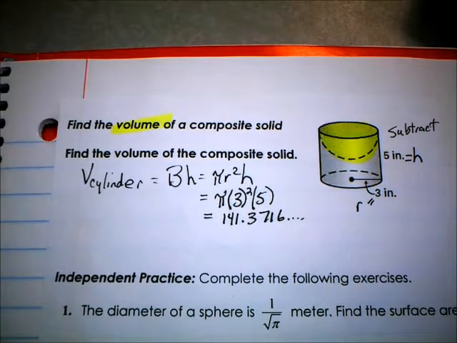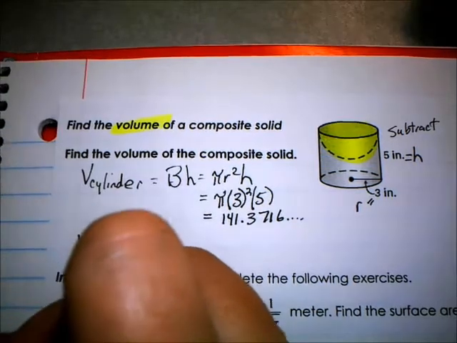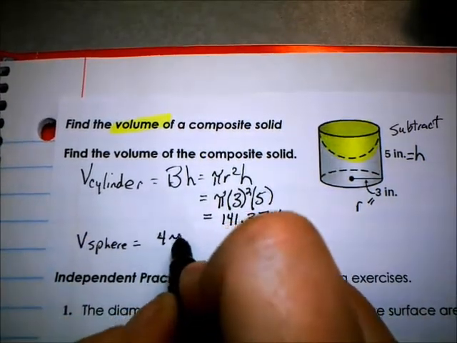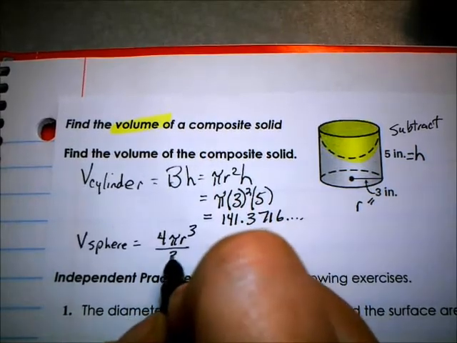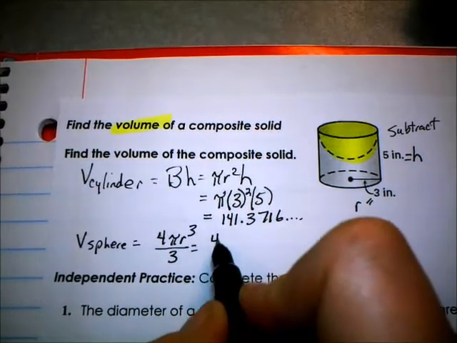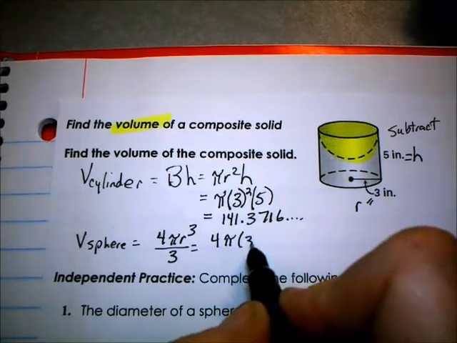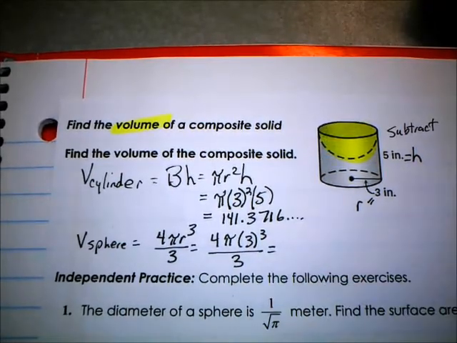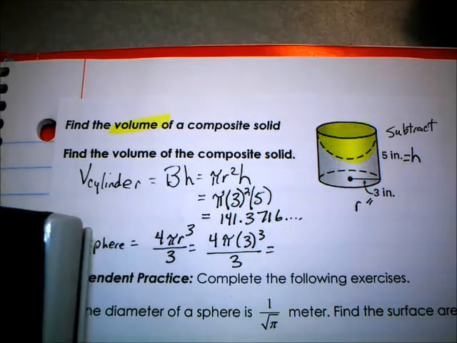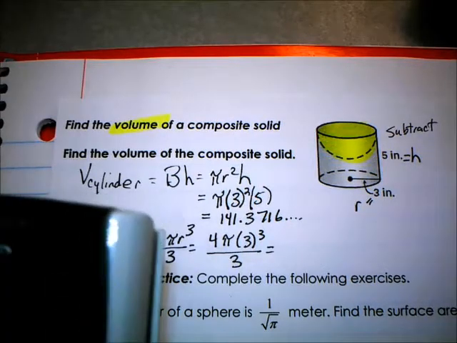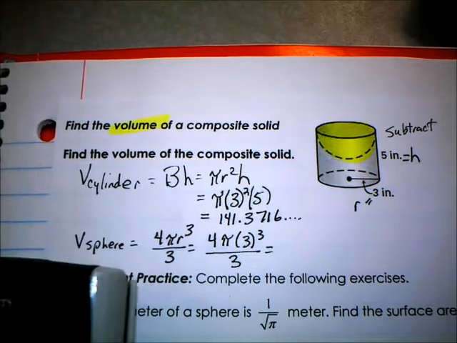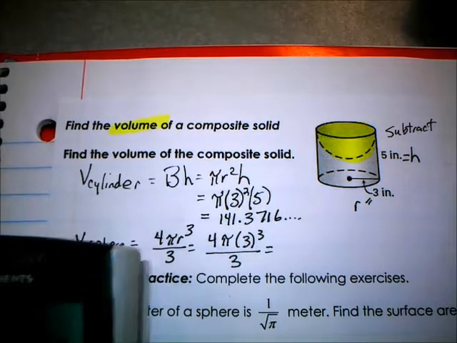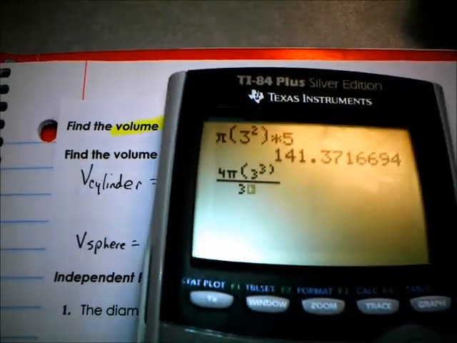Now, if I take the volume of the sphere, the formula was 4 pi r cubed divided by 3. So when I replace my values, I'm going to type it in my calculator. So I have it entered.